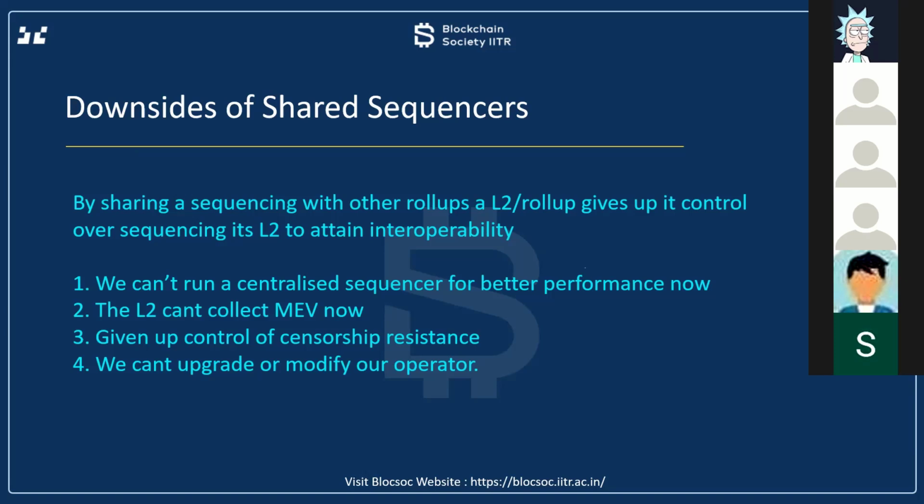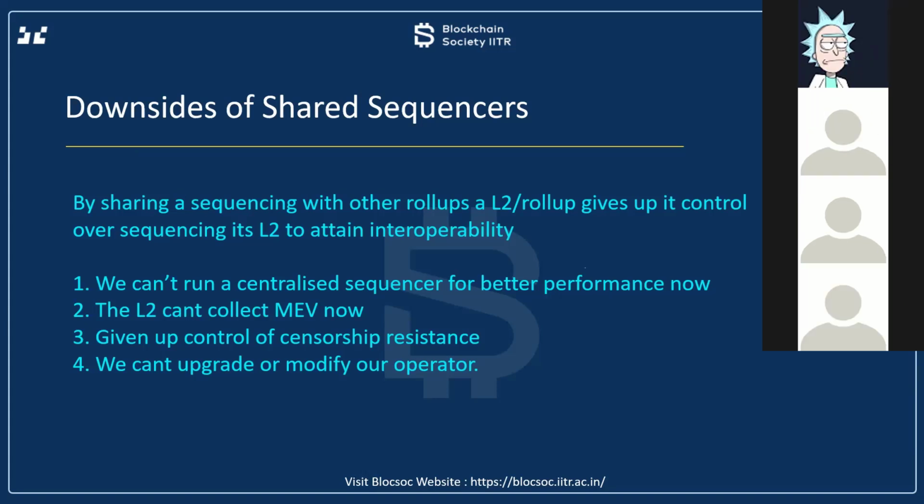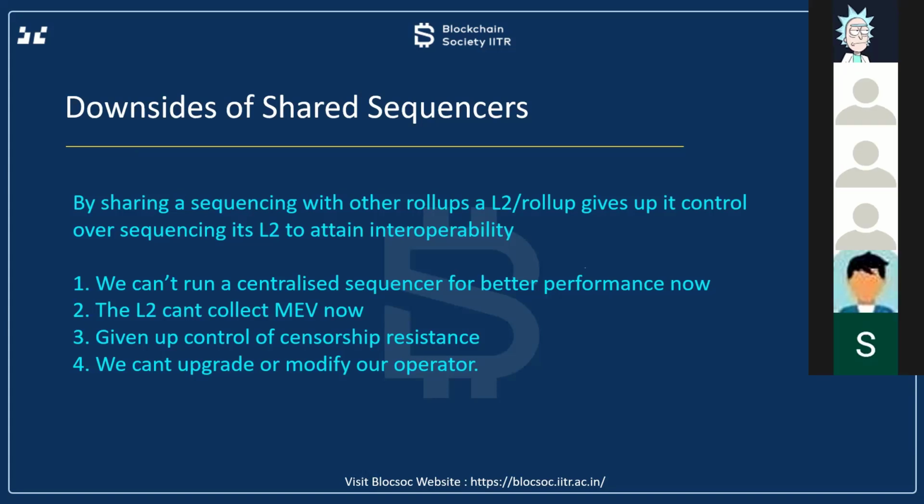Even if I am an L2 and I want to sequence in a shared way, I want to provide the people on my chain with a better user experience. And with a shared sequencer, it has less performance than a siloed sequencer, and that is a big problem in itself.